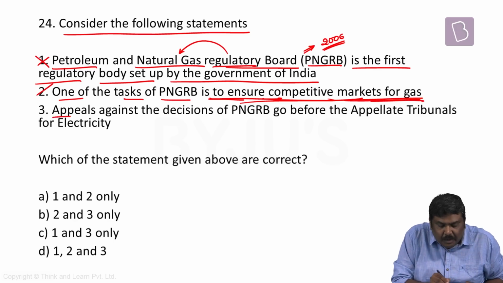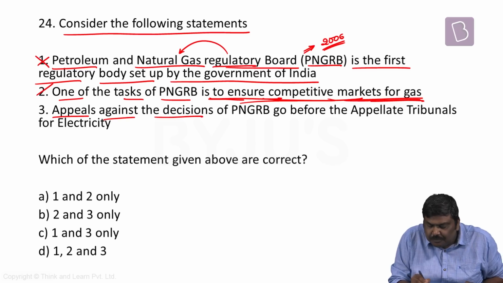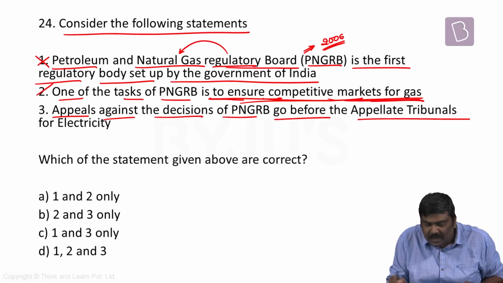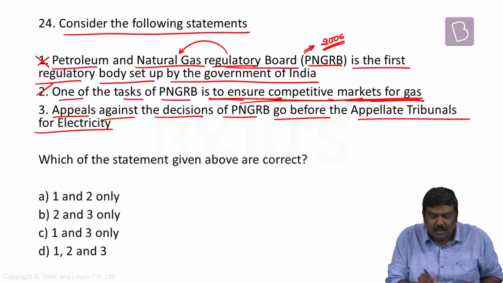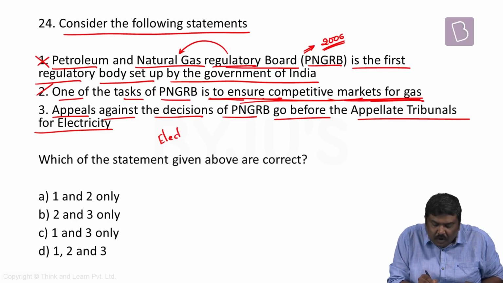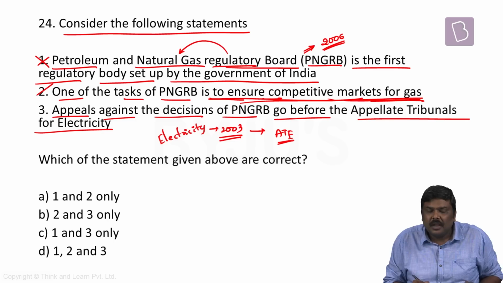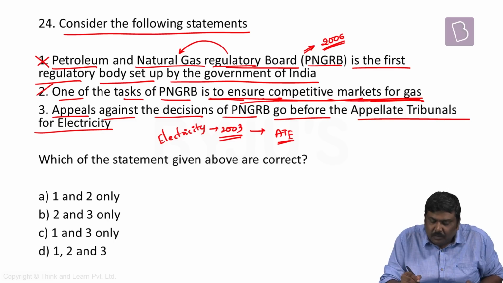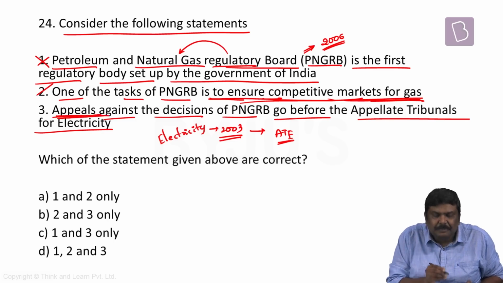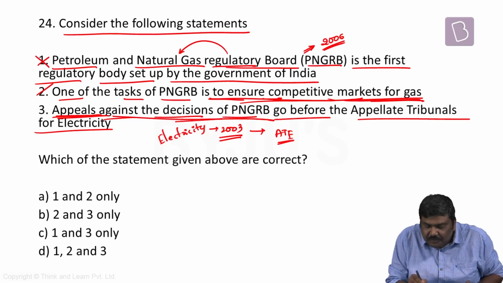Third point, appeals against the decisions of PNGRB go before the appellate tribunal for electricity. The Electricity Act of 2003 led to the setting up of the appellate tribunal for electricity. Under this act, it was also allowed to hear appeals against the decisions of PNGRB.